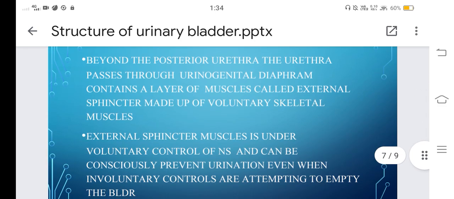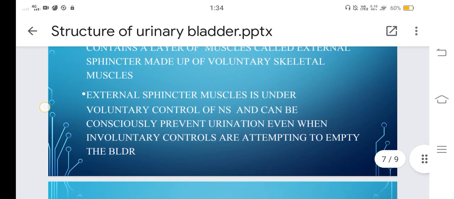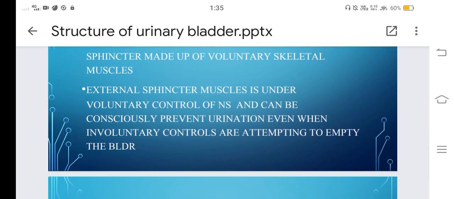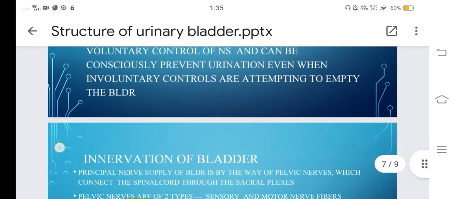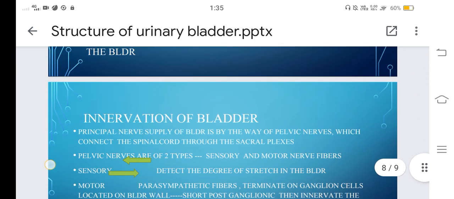Then beyond the posterior urethra, the urethra passes through the urogenital diaphragm, which contains a layer of muscles called the external sphincter, made up of voluntary skeletal muscles. The external sphincter muscles are under voluntary control and can consciously prevent urination even when involuntary controls are attempting to empty the bladder.